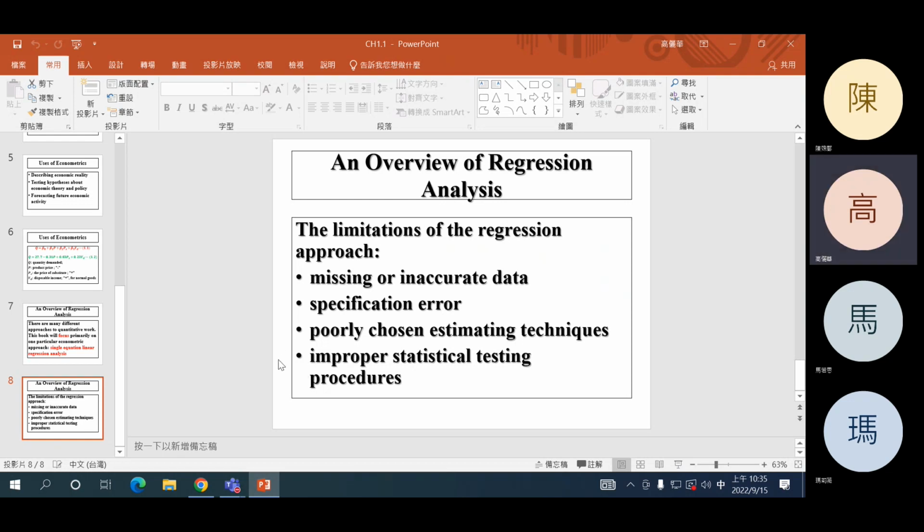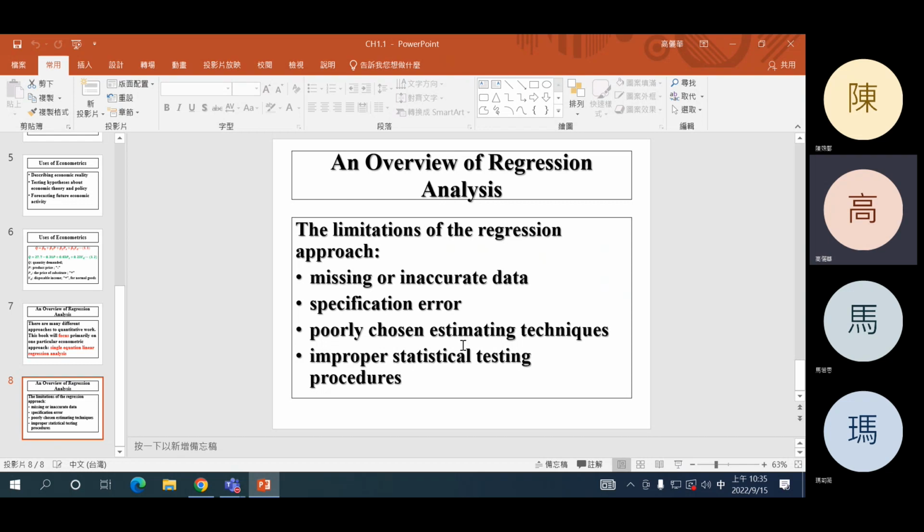The third limitation is poorly chosen estimation technique. There are many statistical techniques.